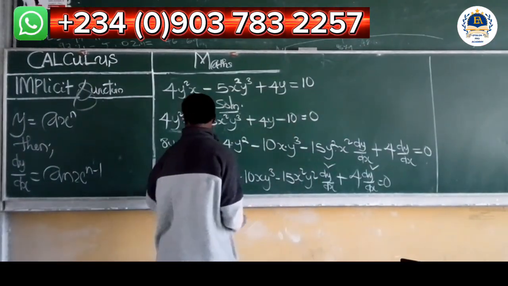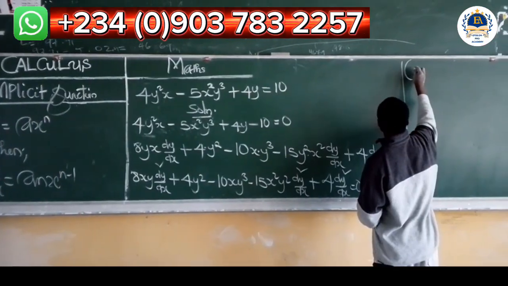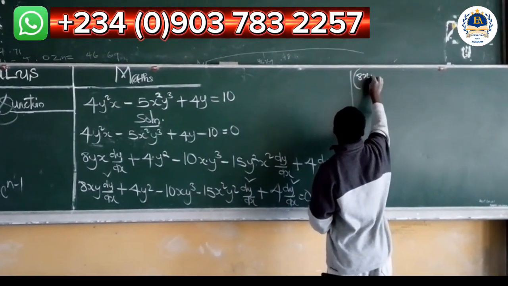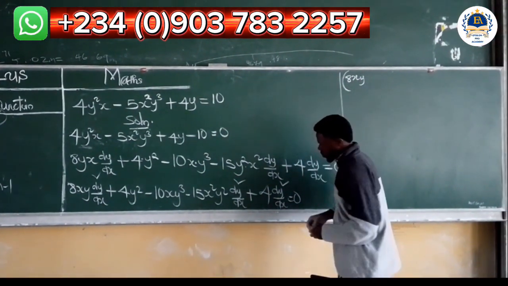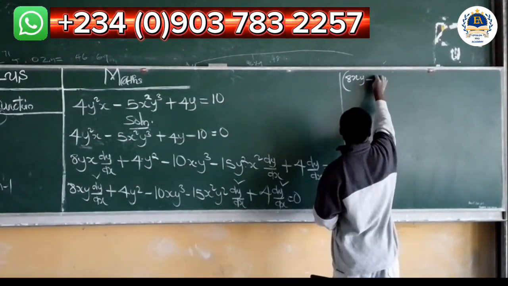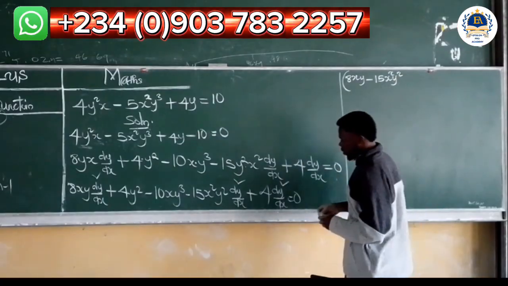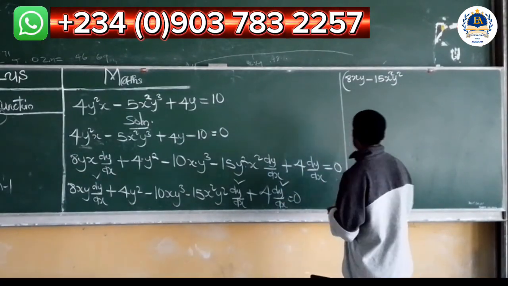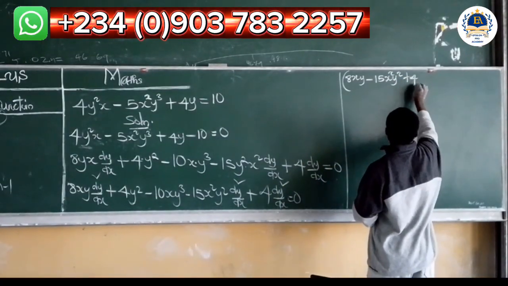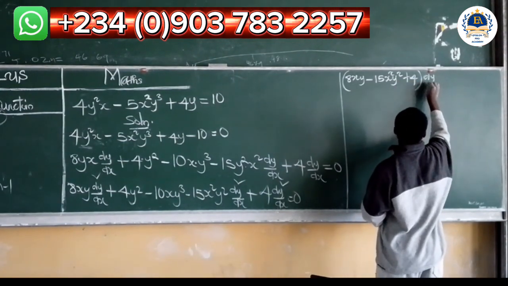So it will become, in bracket, 8xy minus 15x squared y squared plus 4, then dy over dx.